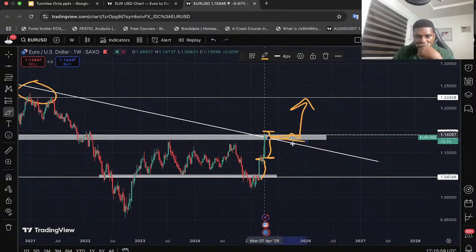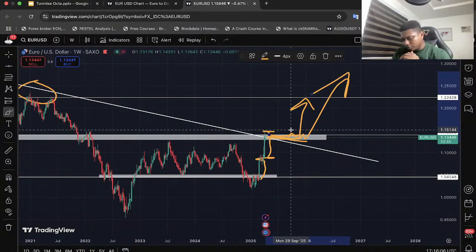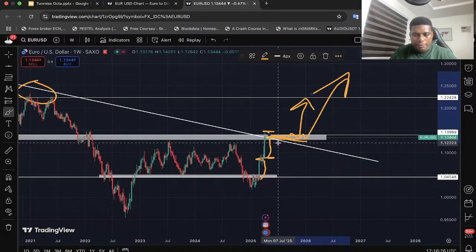Price will consolidate and break out. Yes. That is what I see. That is most likely going to happen.